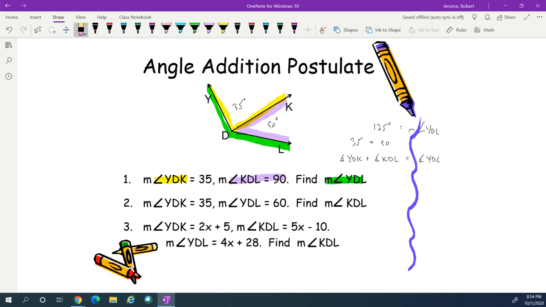I'm going to erase what I labeled in the picture. And let's take a look at number 3. YDK. And that angle is 2x plus 5.